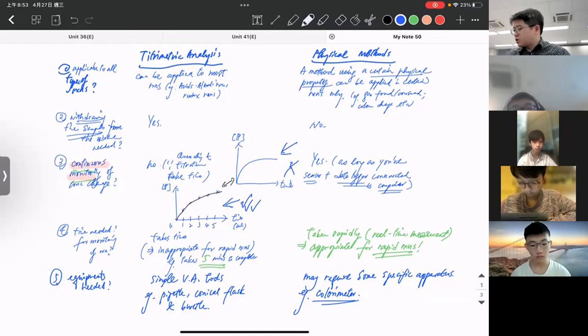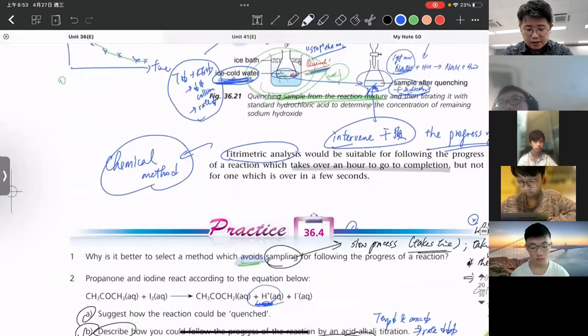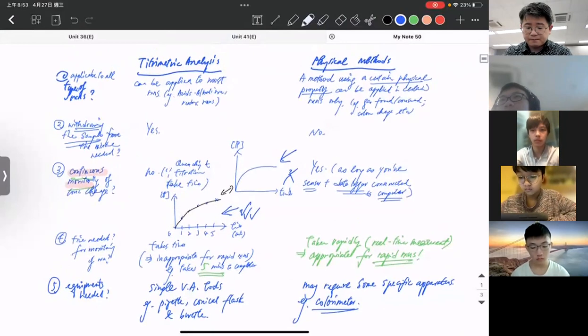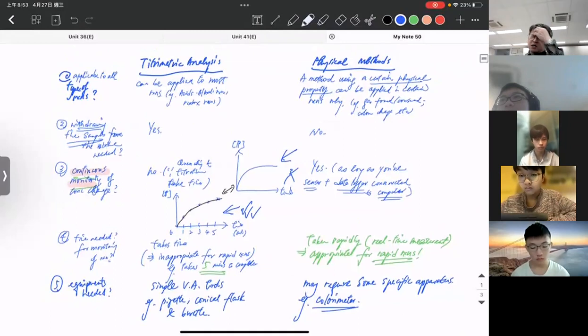Okay, questions? Now you may have got an overview, right? To have a big concept of all those. Now it's time to have a recap of this chapter. 36. Have you all copied it down, right? All copied. Now find some time on capturing this.